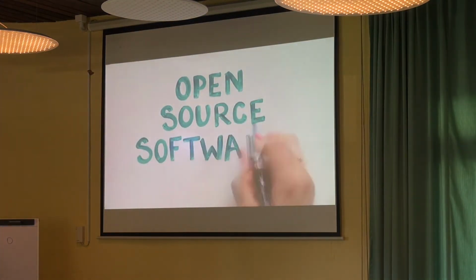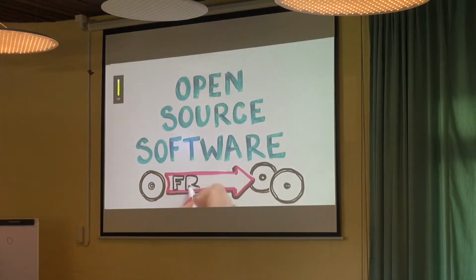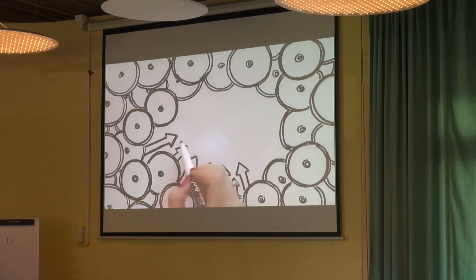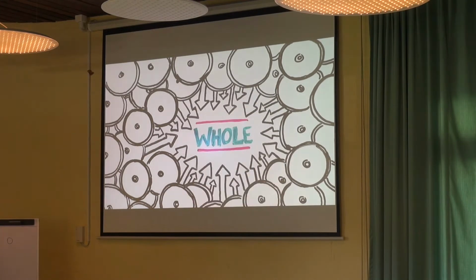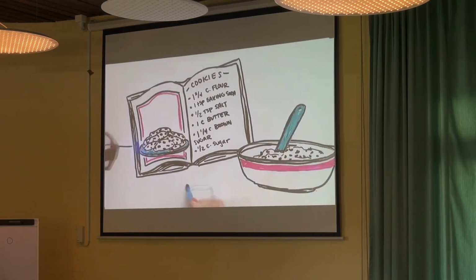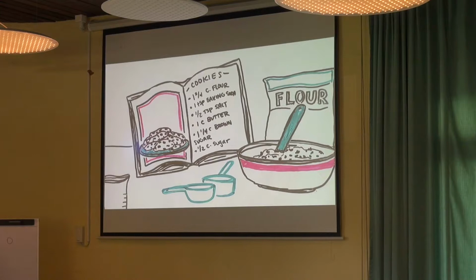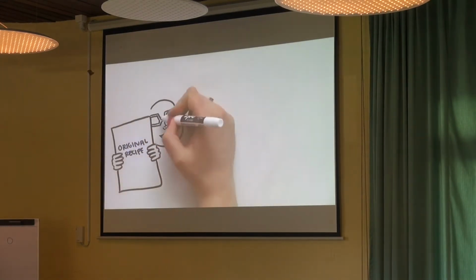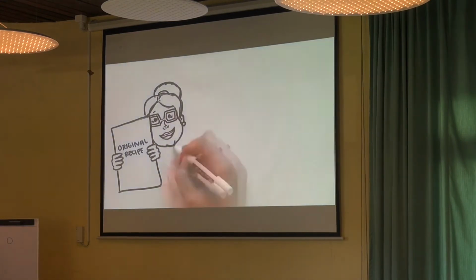Most people understand that open source software is software copied for free. What's less understood is how the potential chaos of all these copies can be transformed into a collaborative whole. Let's break down how open source works, using a family cookie recipe as a metaphor we can all relate to. Just like code, all recipes start by somebody writing the original version.